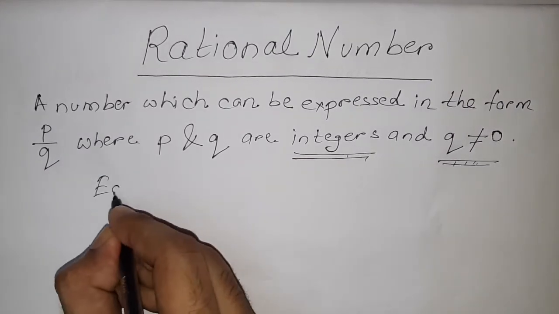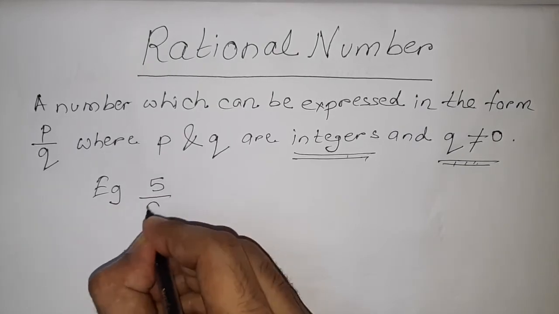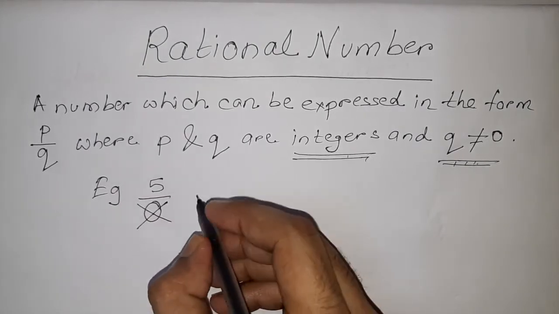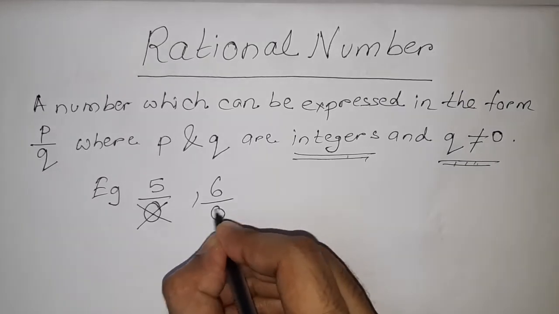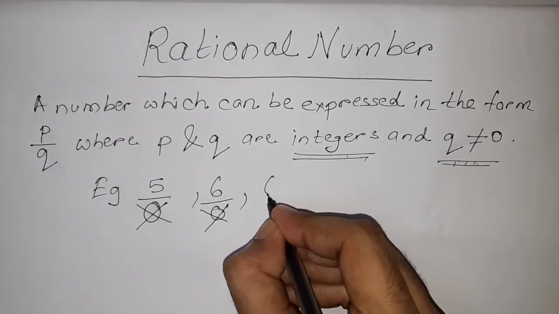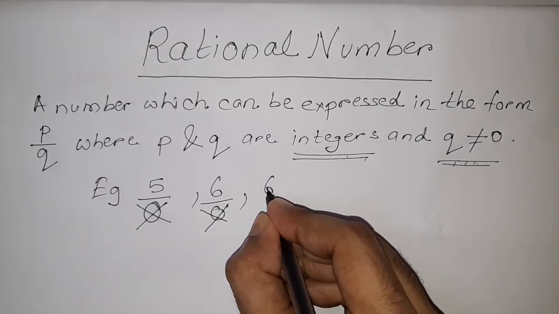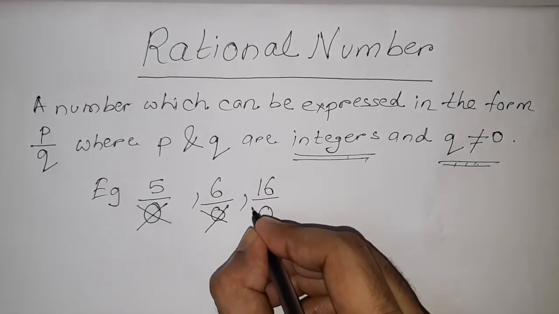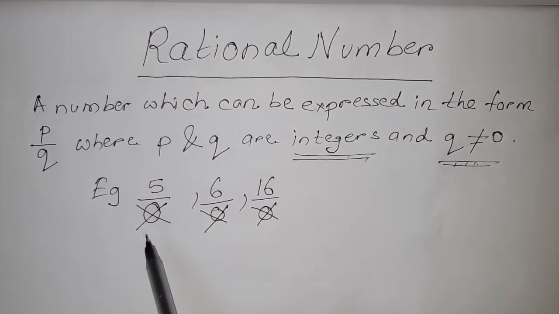Example, 5 by 0 we cannot write like this, or 6 by 0, no, or 16 by 0, no. We cannot have 0 in the denominator.